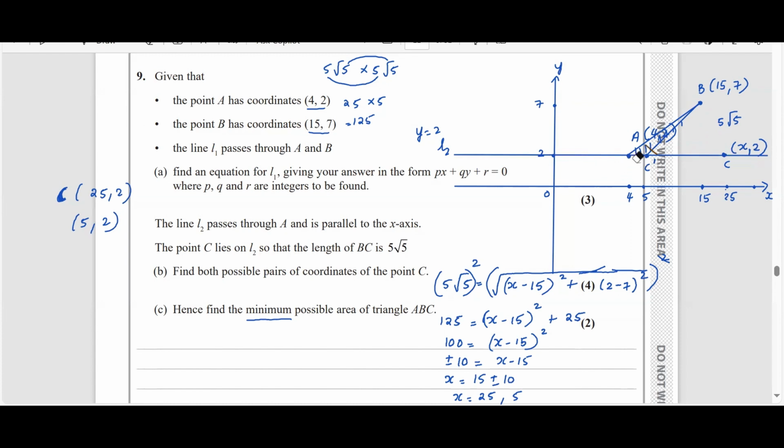Area of triangle is base into height divided by 2. This is 4, this is 5, so the distance between them, the base, is 1. Height: this is 2 and this is 7, so the height is 5. So 1 into 5 divided by 2, that is basically 5 over 2 or 2.5, will be the minimum possible area. I hope you have understood this.